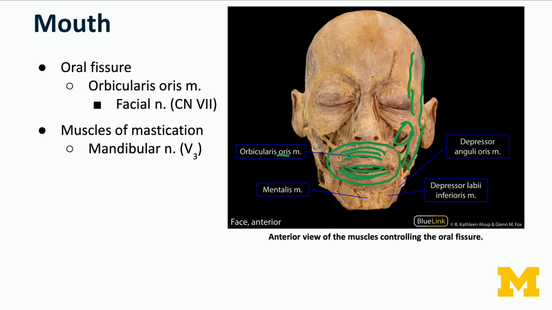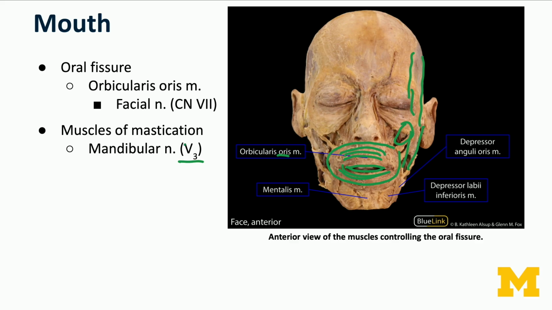So to masticate is to chew because they elevate, depress, retract, or laterally move the mandible. And these are under the control of the mandibular nerve, which is V3. It's a division of the trigeminal nerve, which is cranial nerve number 5.